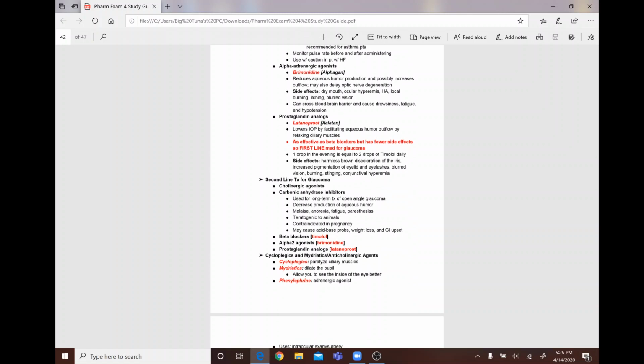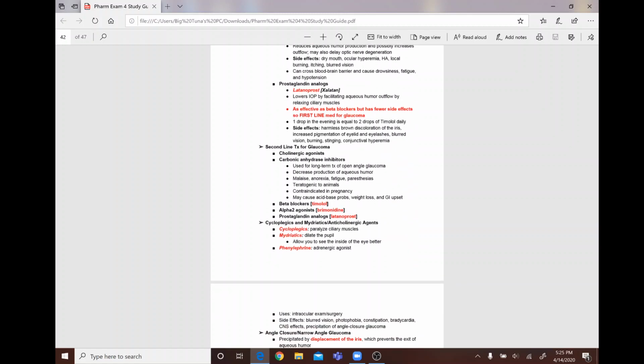All right, what is the second-line treatment for glaucoma? Cholinergic agonists, carbonic anhydrase inhibitors, beta blockers like timolol, alpha-2 agonists like brimonidine, and prostaglandin analogs like latanoprost.